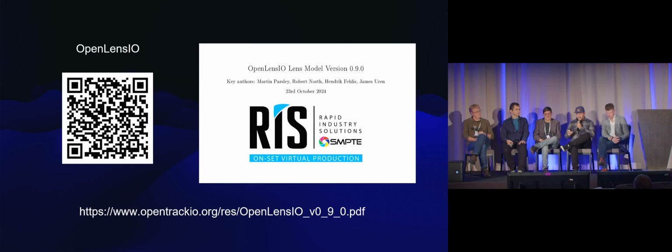But James has the better side of describing OpenLensIO in terms of these initiatives that we're pushing forward, because tied right into that is, while we're doing our calibration for tracking, we're calibrating lenses at the same time, and shading. Yeah.